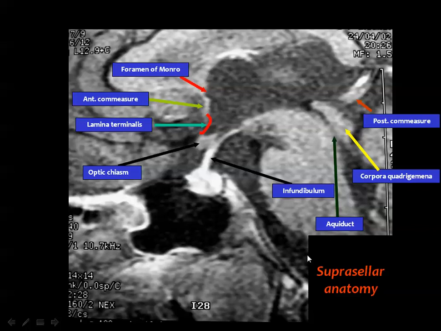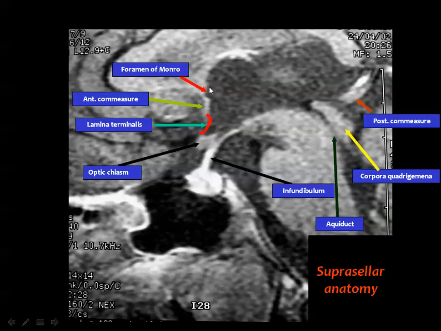Look at this magnified image, and this is the pituitary gland, and this is the infundibular stalk. Then you can appreciate the region of the tuber cinereum and the region of the mammillary body. Also, you can see the infundibular recess of the third ventricle and the optic recess of the third ventricle.